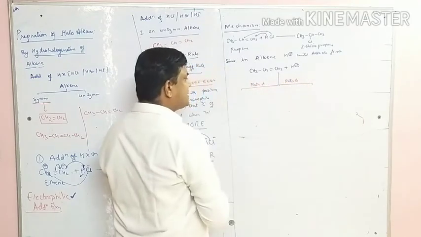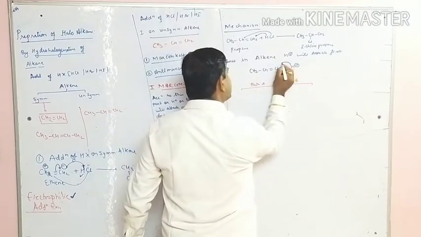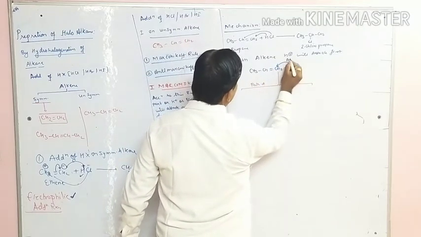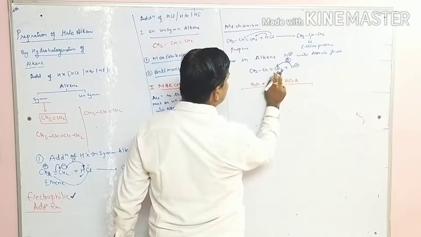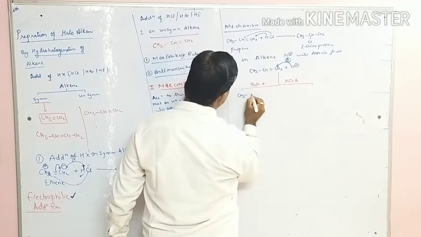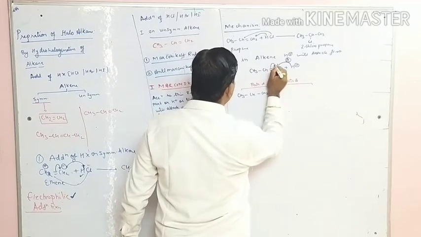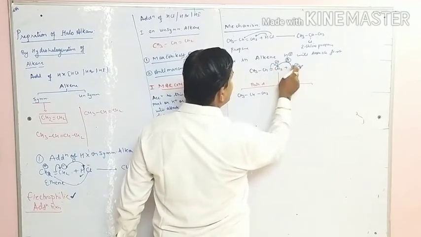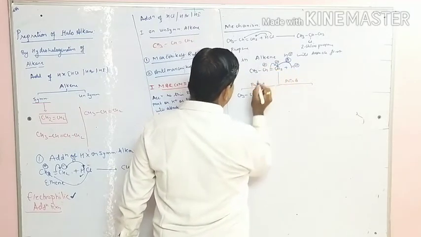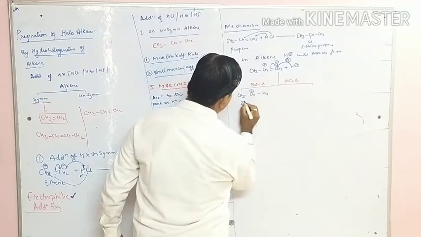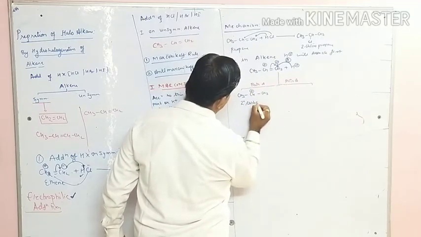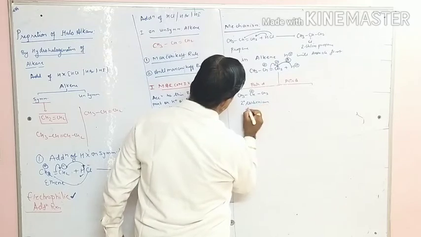What does path A say? If I send the H plus here, this is path A, then CH3, CH, CH3. How is it possible? If the pi bond shifts here, negative charge, H plus attacks, so automatically it will generate the positive charge. This is a secondary carbonium ion.